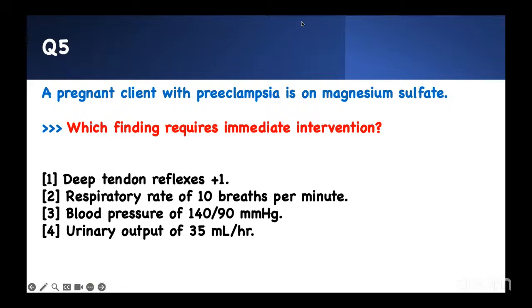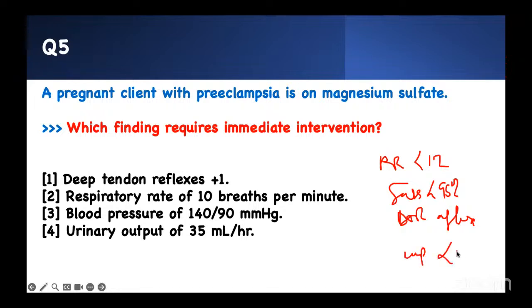For magnesium, I want you to know these numbers. Respiratory rate of less than 12: intervene. Saturation less than 95: intervene. Reflexes, areflexia, no reflexes: intervene. Urine output less than 25: intervene.